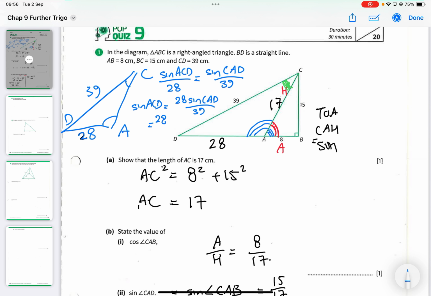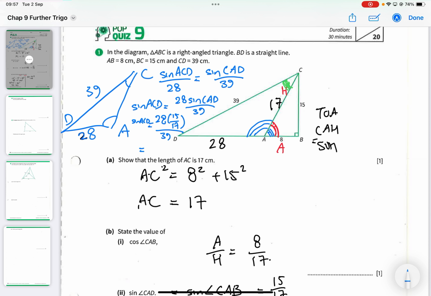So the entire sine CAD itself is 15 over 17. Then I just put in the value 15 over 17. Then just press calculator, I will have my sine ACD already.